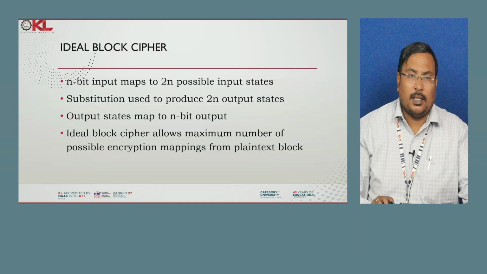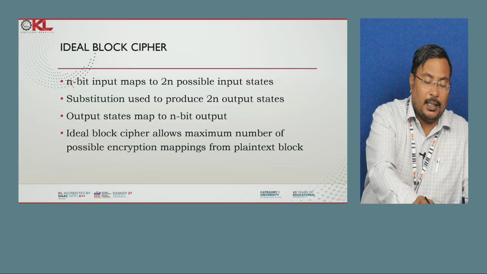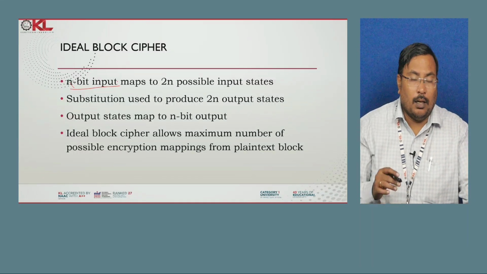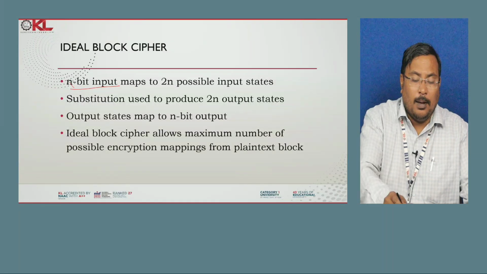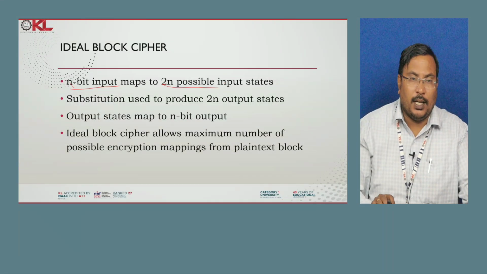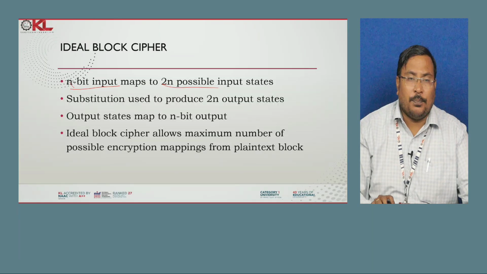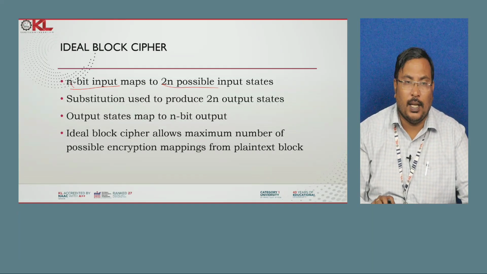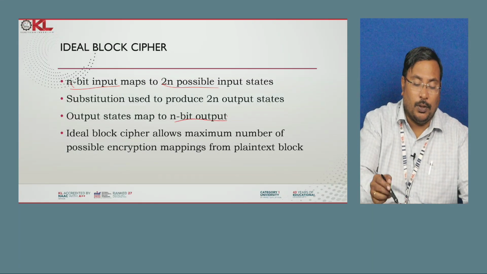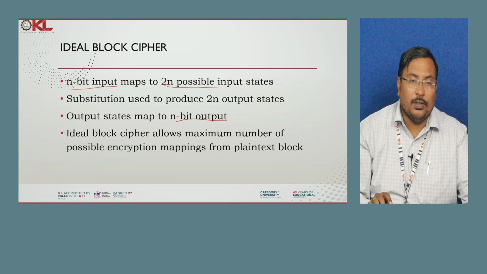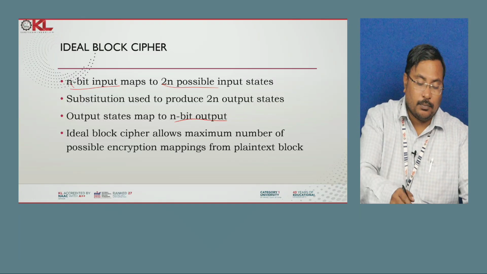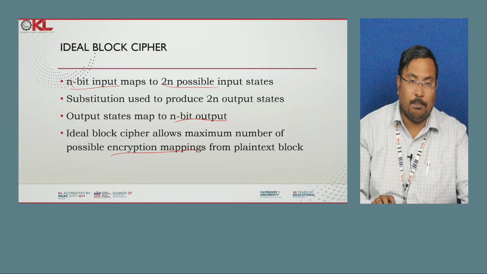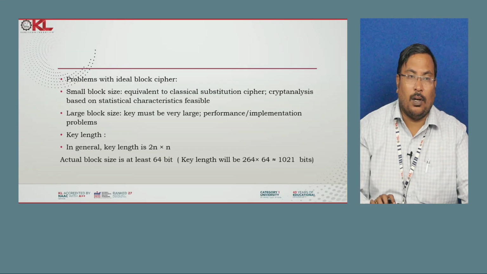Ideal block cipher. Here you take the n-bit input and map it to the 2 power n possible input states, and we use substitution techniques to produce the 2 power n output states. Output states are mapped into the n-bit output. The ideal block cipher allows the maximum number of possible encryption mappings from the plain text block.